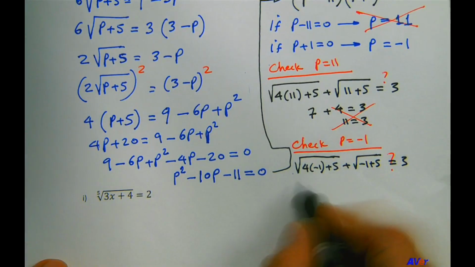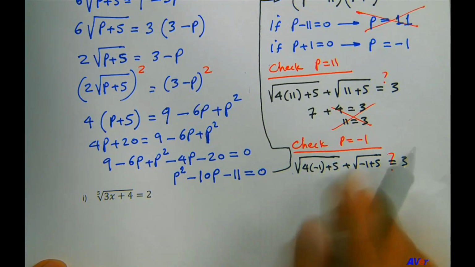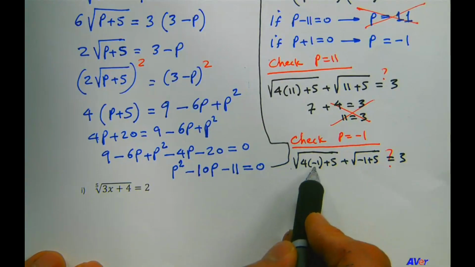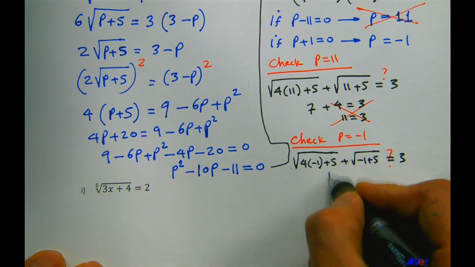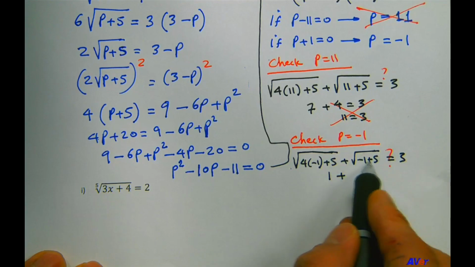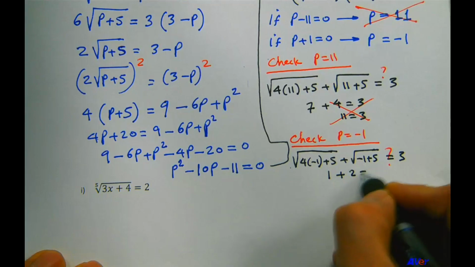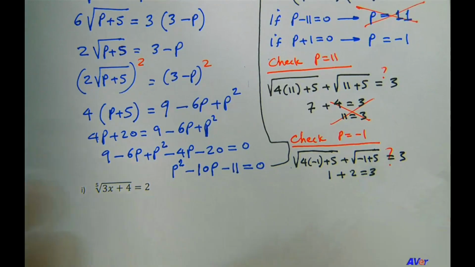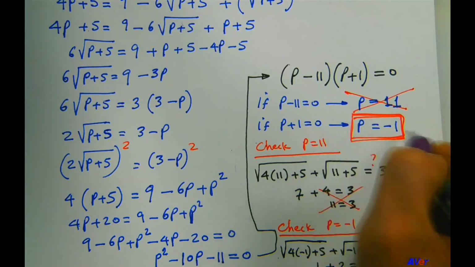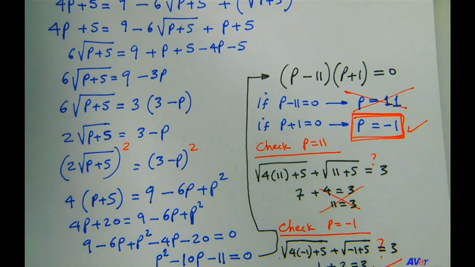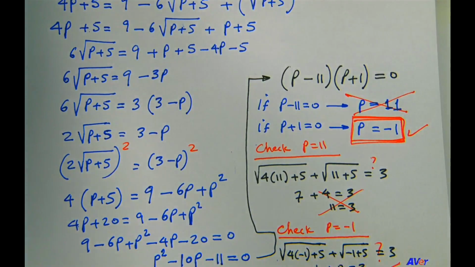And you can see that this is 4 times minus 1 is minus 4, plus 5 is positive 1. Square root of 1 is 1, plus minus 1 plus 5 is positive 4. Square root of 4 is 2. 1 plus 2, is that equal to 3? Yes. So we checked p equals negative 1, and it checked out. So we accept only p equals negative 1.